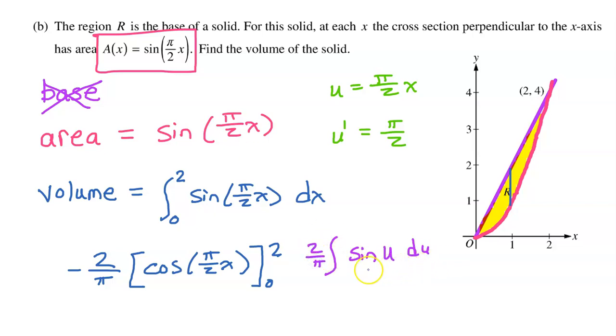And then we would take the antiderivative, so we would have 2 over pi, and the antiderivative of sine is negative cosine, so I have my negative and my cosine. And then at this point we would substitute back in for u. So instead of u, we would put pi over 2x.